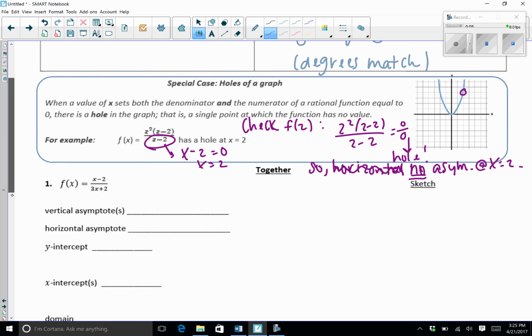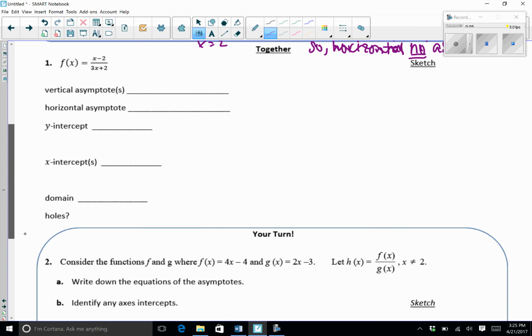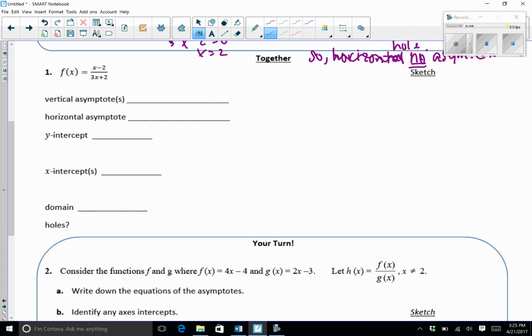All right, moving on. We'll do one example together. You'll do that example on your own, following the same sort of steps. So starting with vertical asymptotes, what we just said, vertical asymptotes are take the denominator, set it equal to 0. You would get x is equal to negative 2/3.